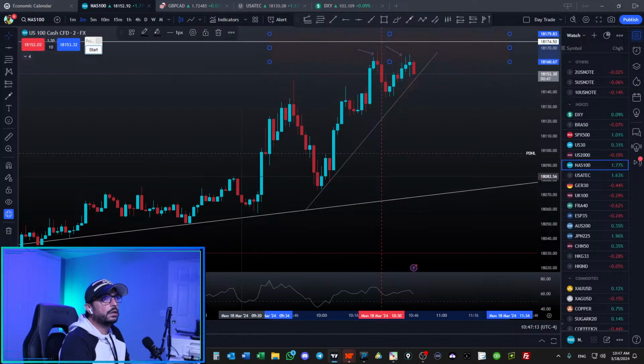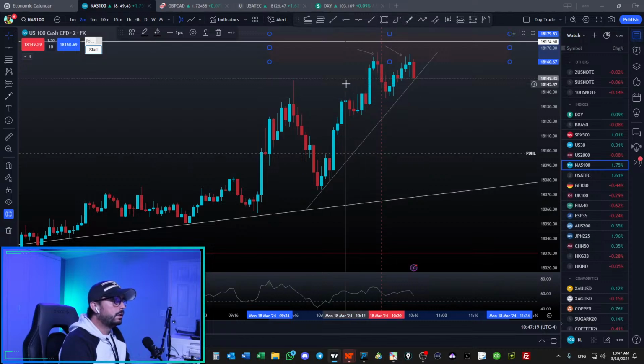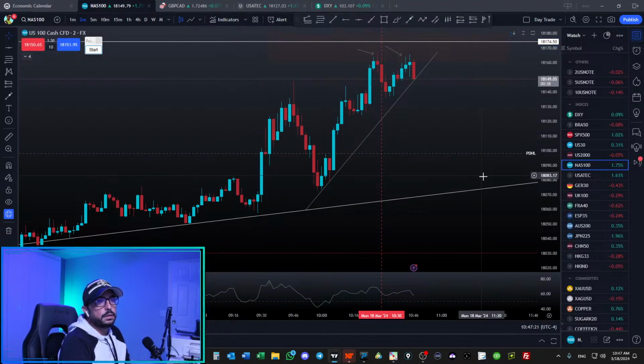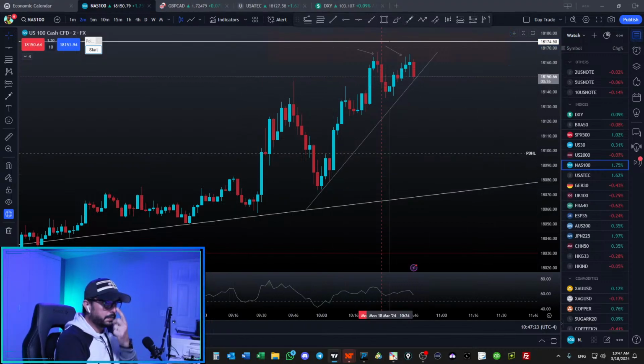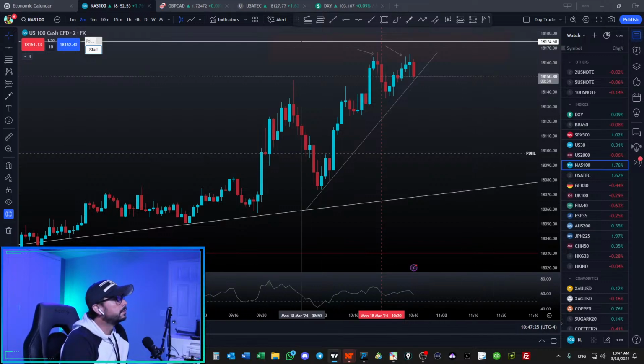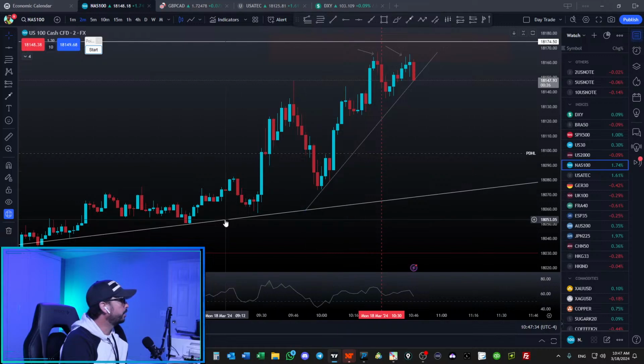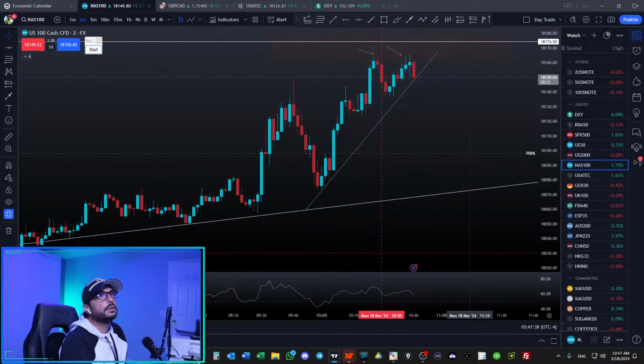That's where the 5-minute order block is right now. The 15-minute too. So let's see if it breaks, pull back, and then we can enter. S&P showing a lot of little signs of weakness too.